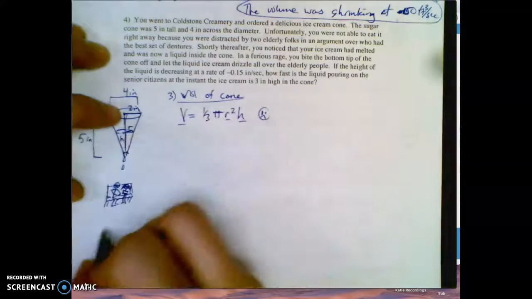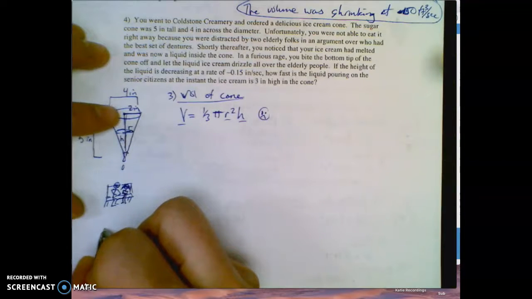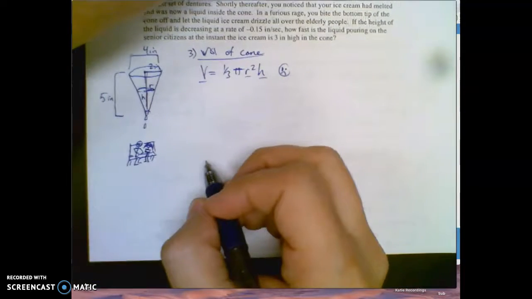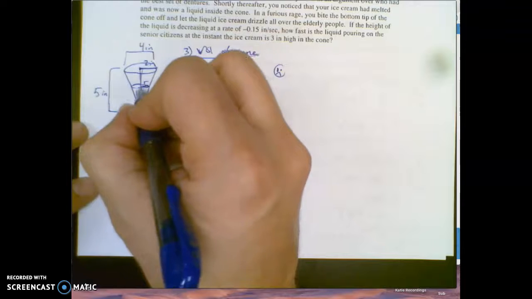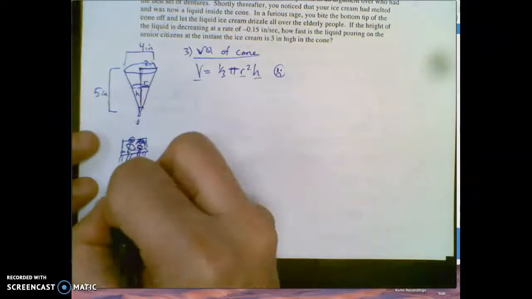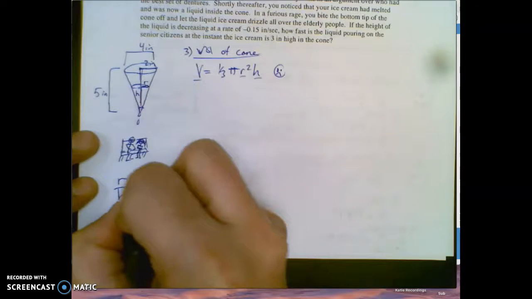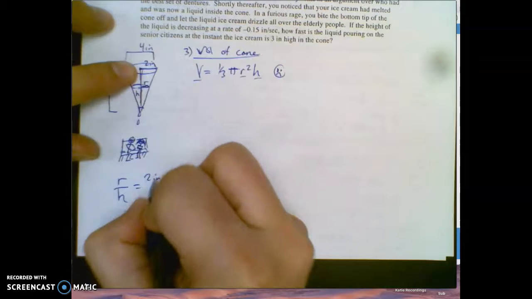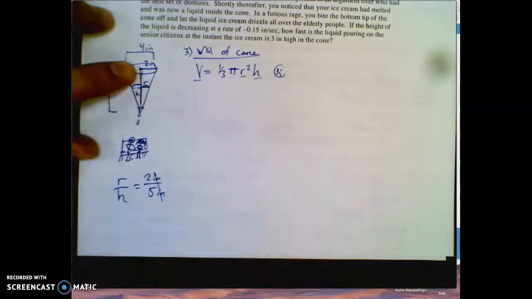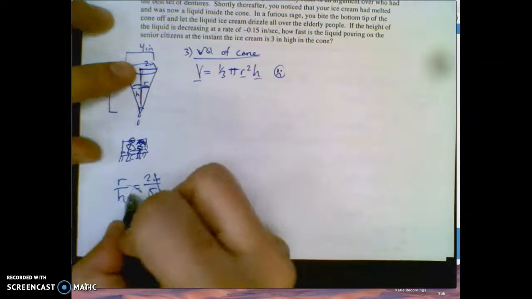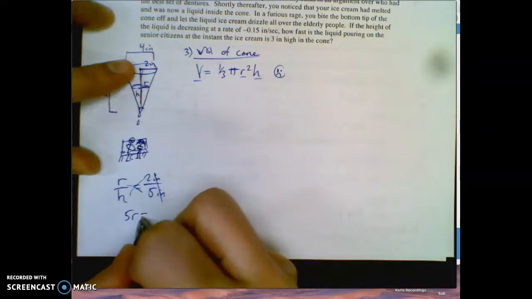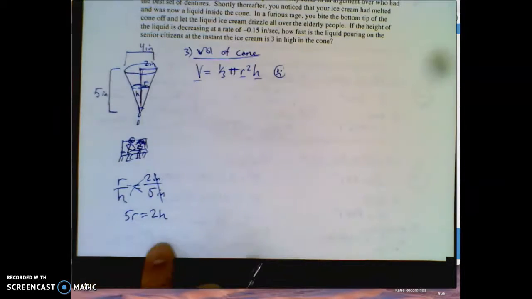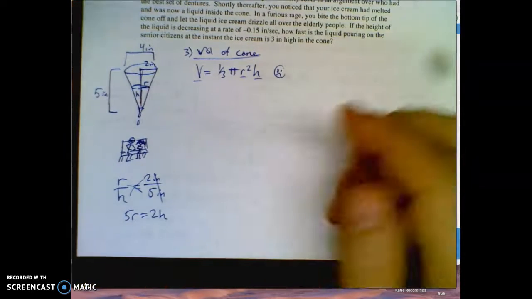The 2/5, the cone's radius to the cone's height must be the same relationship as the ice cream's radius to the ice cream's height. So r over h is going to equal 2 inches over 5 inches. The inches go away. Do a little cross multiplying, and then you get to this stage where you got to decide, do I want to get rid of the r's or the h's?